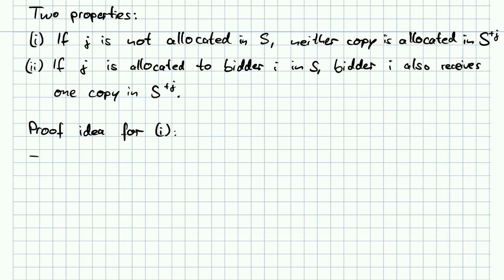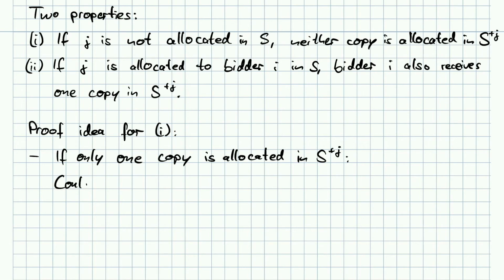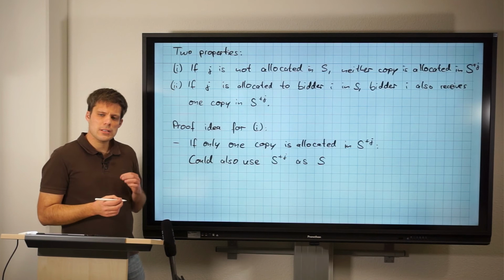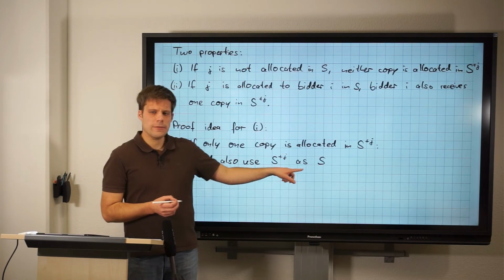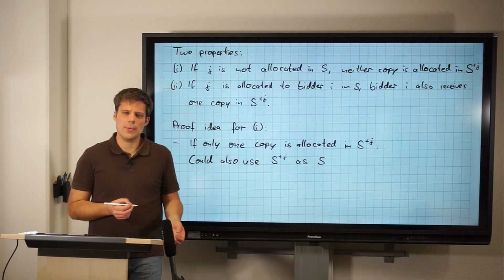The first thing that we could see is that if only one copy is allocated in S plus j, then we could also use S plus j as S. And now I realize I forgot to mention something, namely, we say that S plus j is only different from S if it gives a strictly higher welfare.